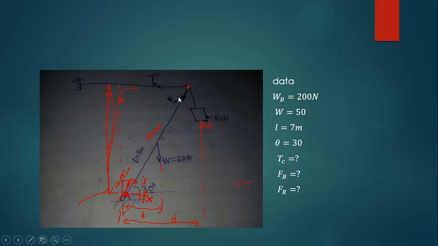Now, how can we compute the force in the boom here? We know the component in the x-axis and we know the component in the y-axis. So we can use the magnitude of this component and that component to be able to find our force FB.